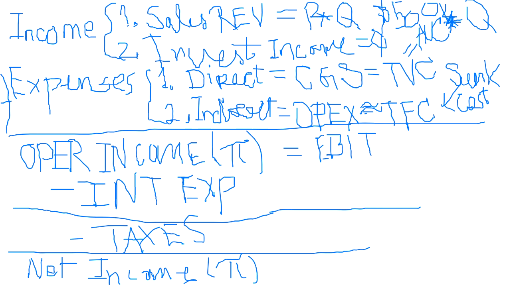EBIT stands for earnings before interest and taxes, right? Time is up, so we'll have to come back to this, but let me keep going just a little more, because it's not the right timing to cut off here.